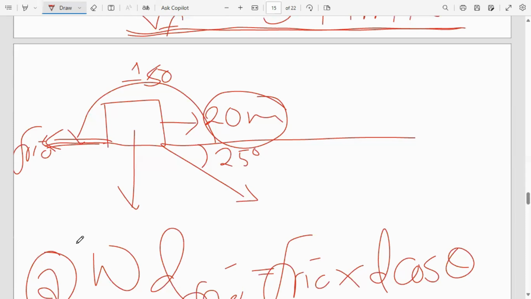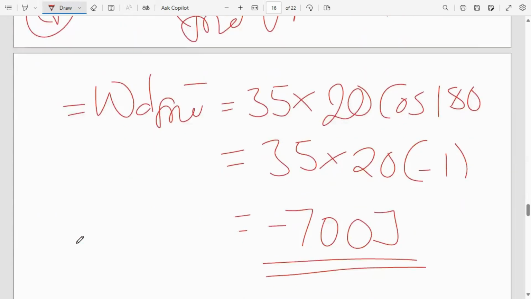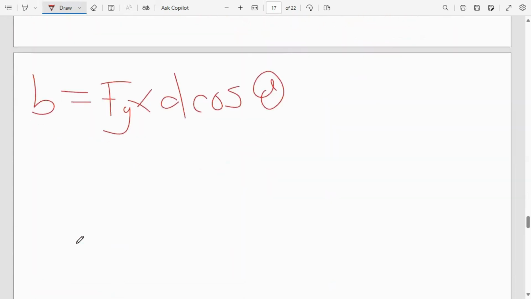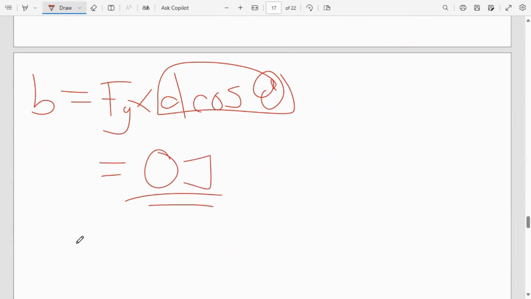If you look at what we've been given, your theta is equal to 90 degrees. And cos 90 is equal to 0. That means everything here is 0, and hence our work done by gravity here is 0 joules. There's no displacement in the y-axis.